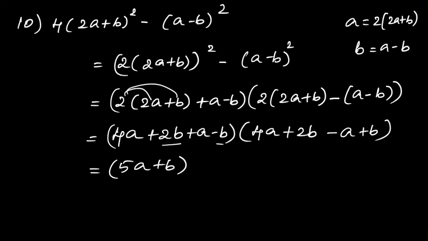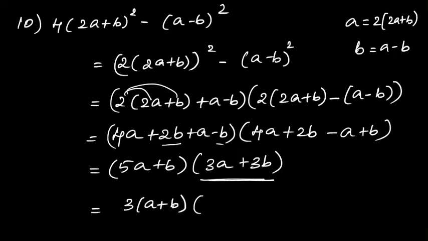So similarly here 4a minus a, 3a, plus 2b plus b, plus 3b. So the next step, you can take 3 common from this factor. So we'll get 3 into (a plus b) into (5a plus b).